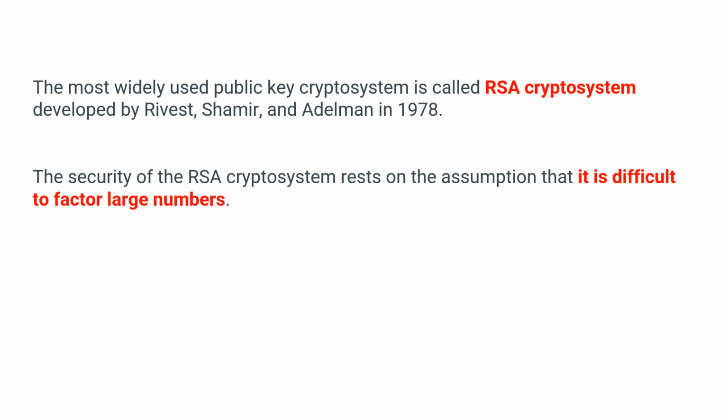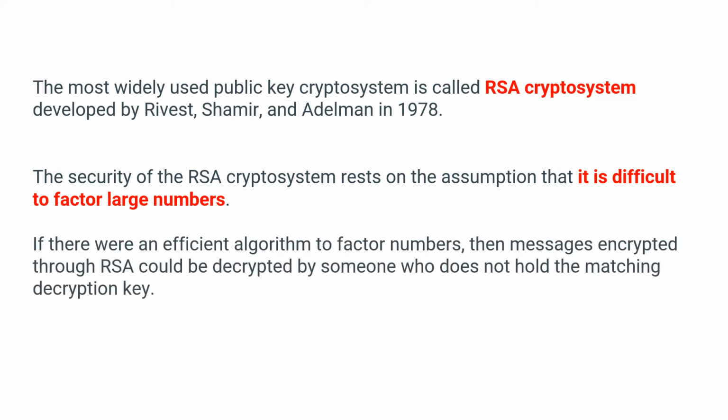And the security of this rests upon the assumption that it's difficult to factor large numbers. We saw before that we don't have an efficient algorithm to factor any number that's thrown at us. If the numbers are small enough, we could have an algorithm that could try a bunch of numbers and eventually come up with the right ones.